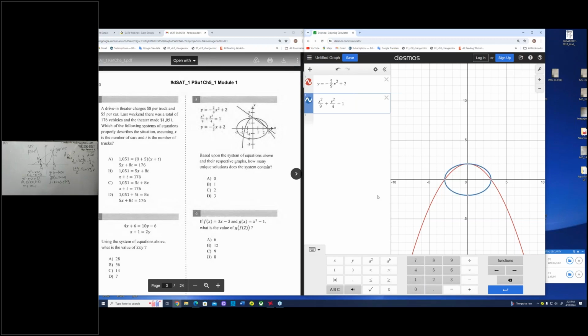And finally, the last one. y equals negative 2 over 3 x, and plus 2.